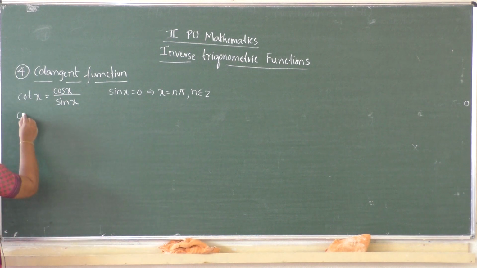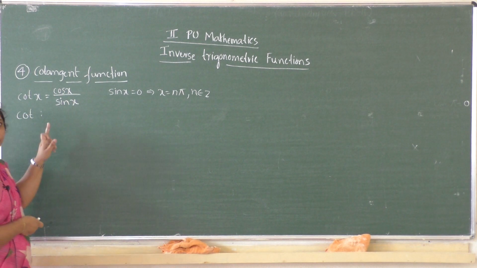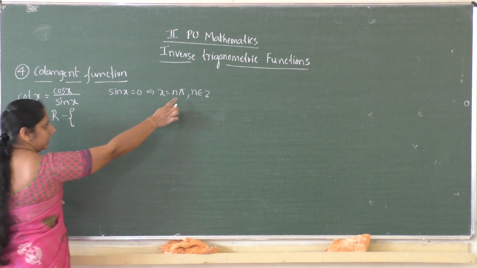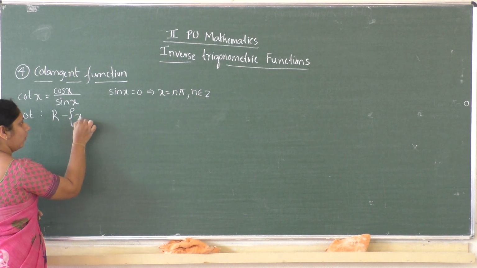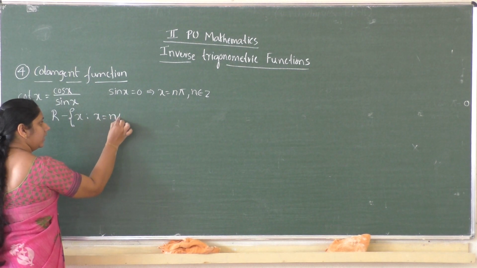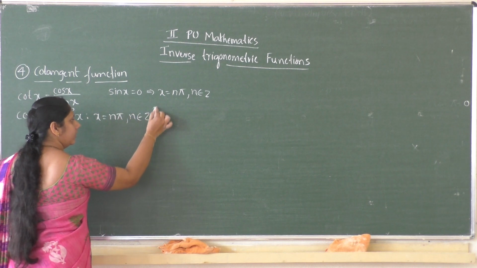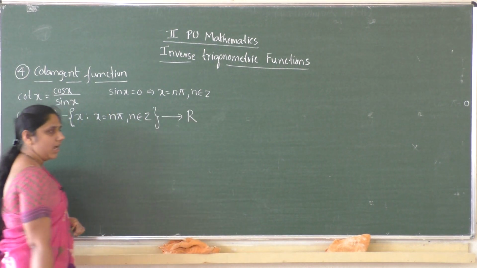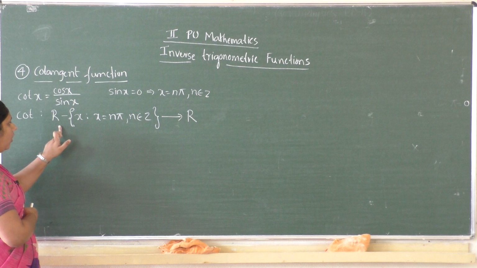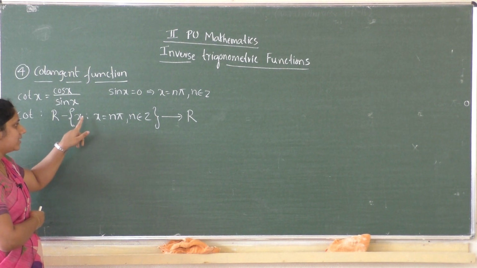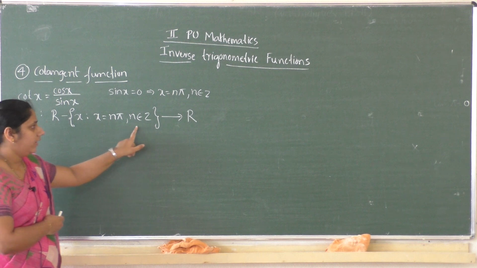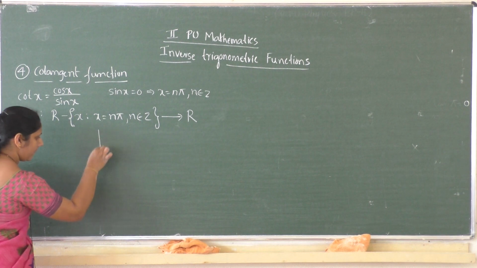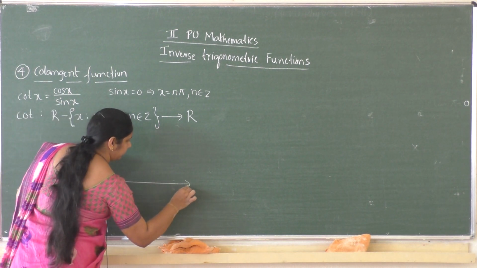So we have to take the domain of cot as the set of real numbers minus these particular values, that is the set of all x such that x equal to n pi, where n belongs to Z, and the range of cot function is R. So the domain of cot is R minus the set of all x such that x equal to n pi, where n belongs to Z, and the range is R. Now we will do the graph of cot function.